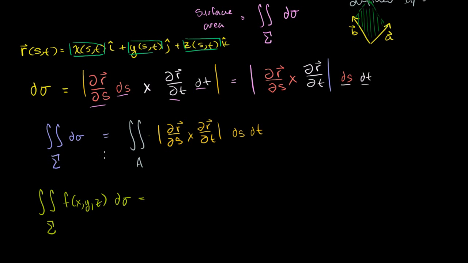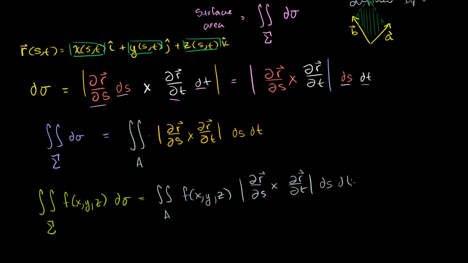So we're going to integrate over that region of f of x, y, and z, and then times the magnitude of the partial of r with respect to s, crossed with the partial of r with respect to t, ds dt.